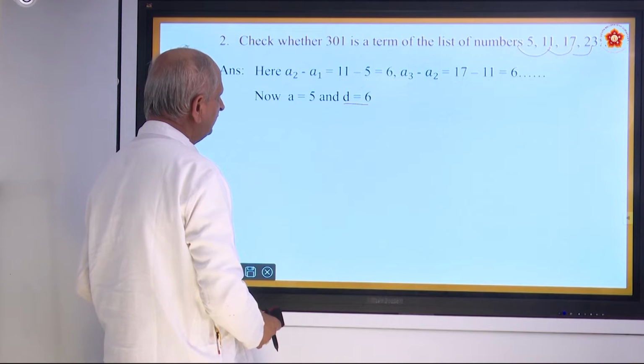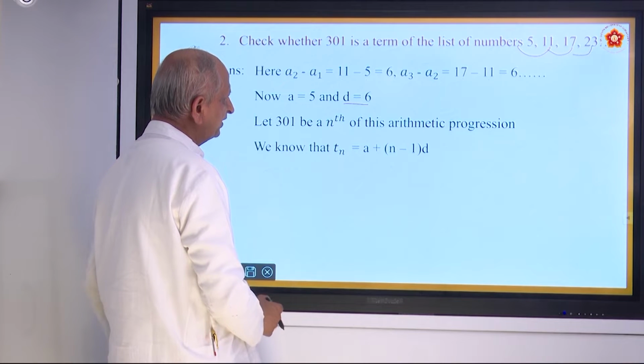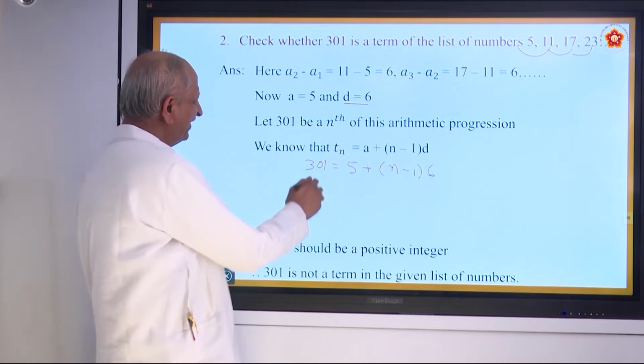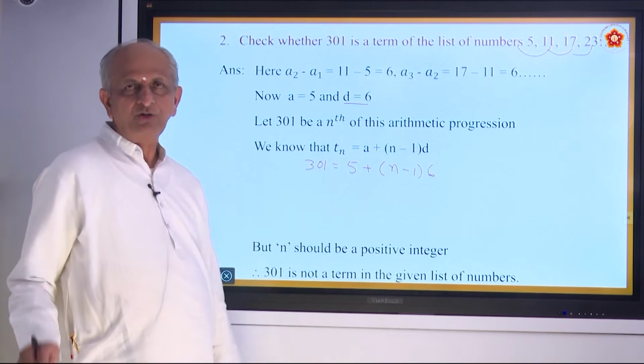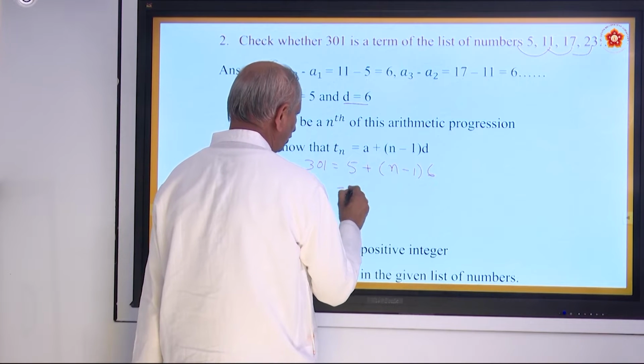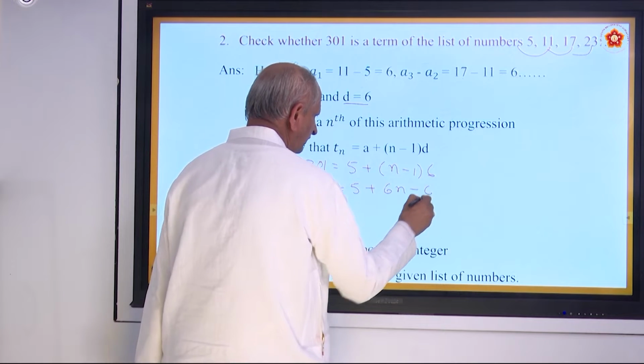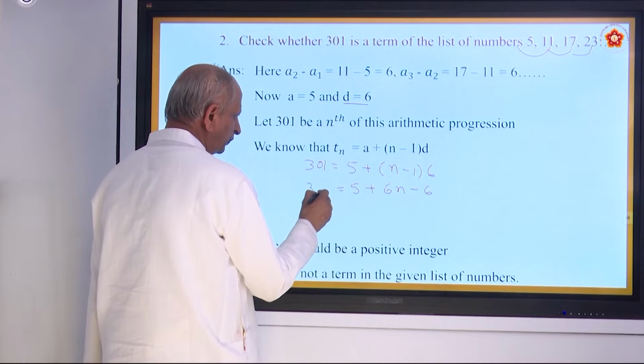Now they are asking whether 301 is a term of the list of numbers or not. So 301 is equal to a plus (n minus 1) into 6, that is equal to 5 plus 6n minus 6, is it not, is equal to 301.